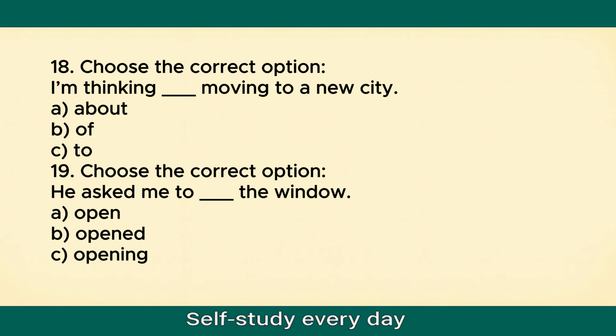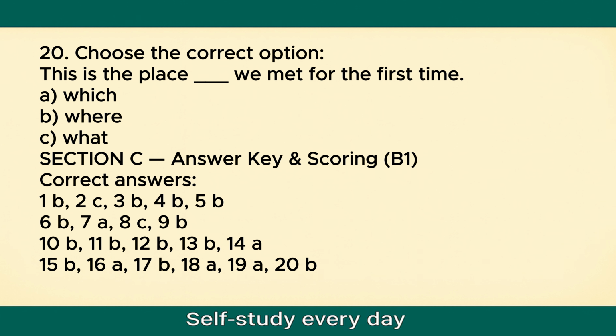A. Open. B. Opened. C. Opening. 20. Choose the correct option. This is the place blank we met for the first time. A. Which. B. Where. C. What.